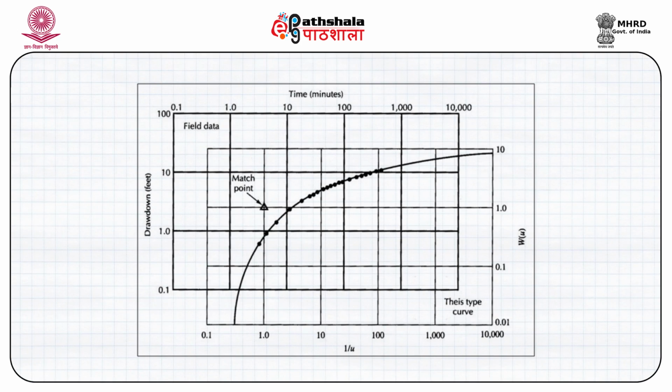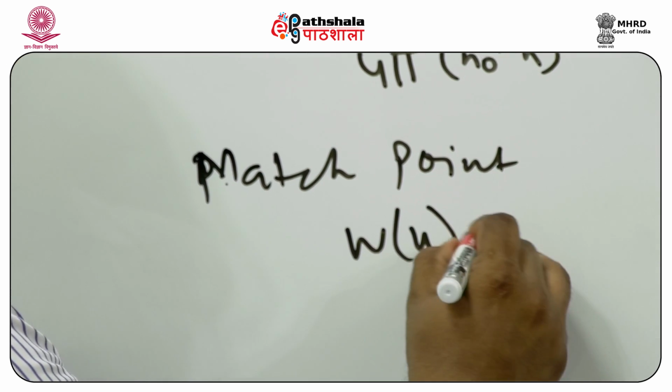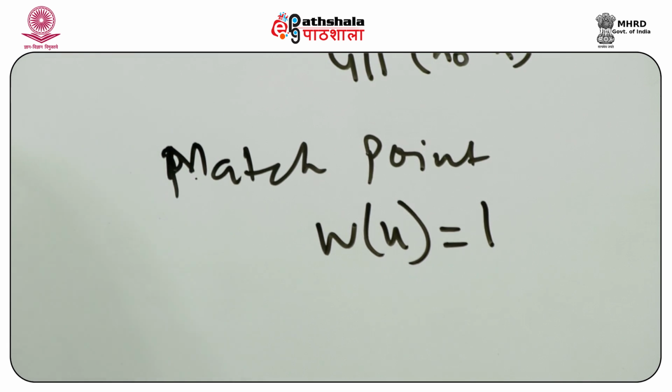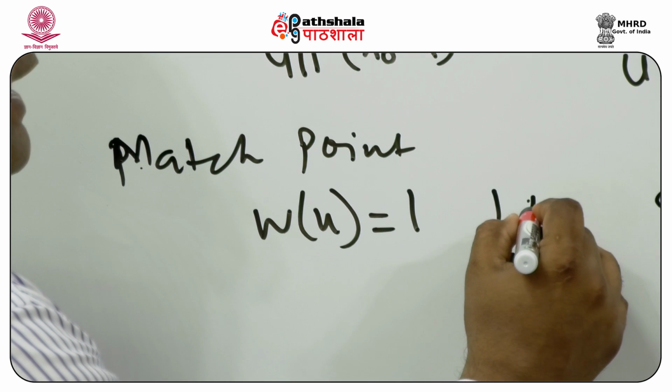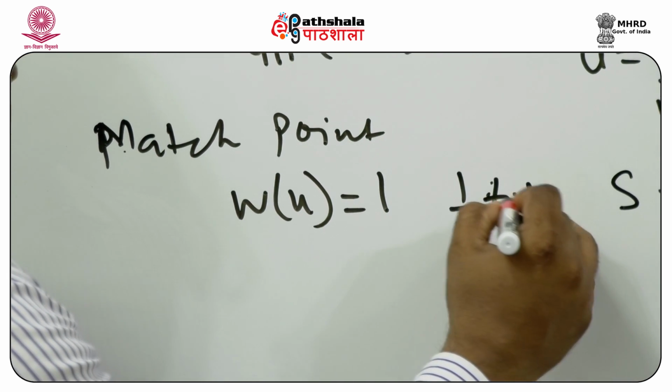So what is the match point? The match point is basically where the value of the well function W(u) is equal to 1, and also the value of 1 by u is equal to 1, okay?